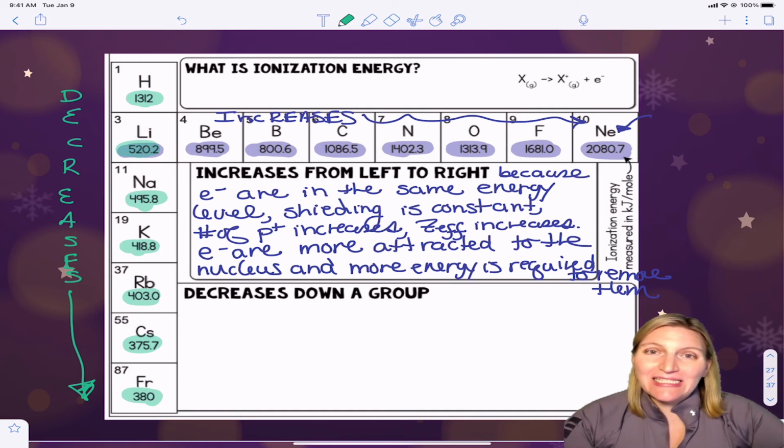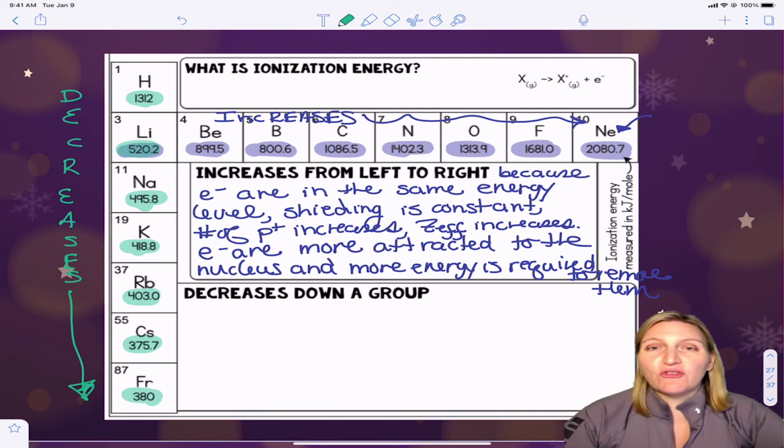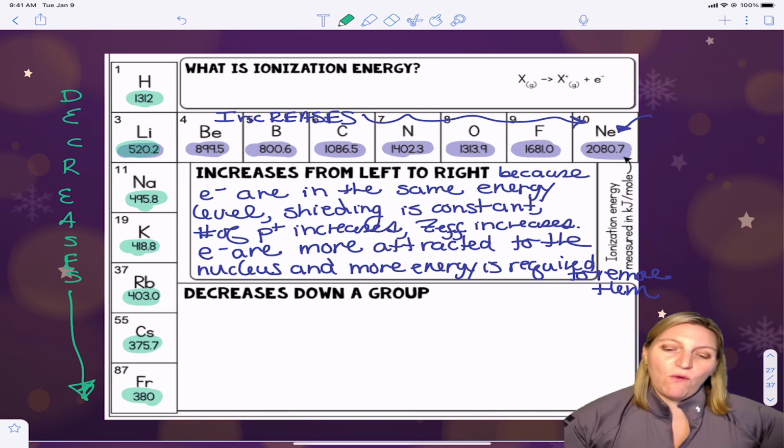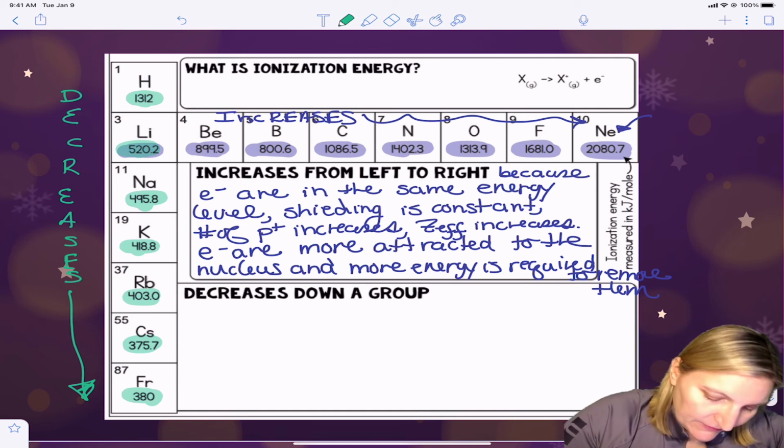And as the distance between the outermost electron and the nucleus increases, the attraction decreases, and it takes less energy to overcome that attraction.